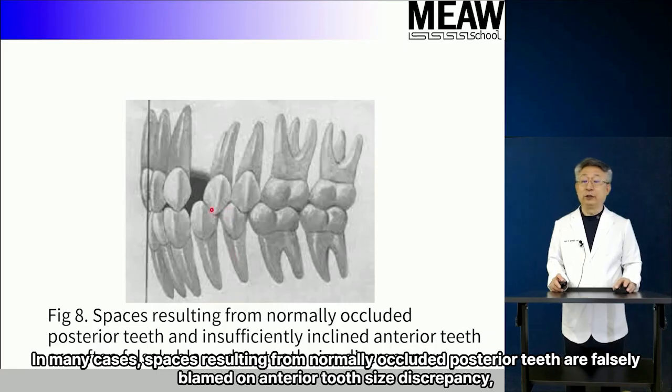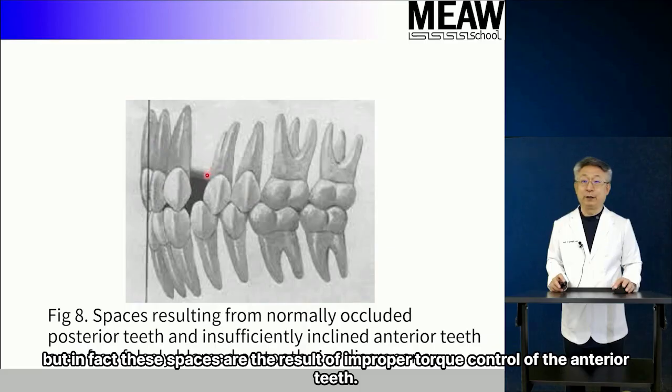In many cases, spaces resulting from normally occluded posterior teeth are falsely blamed on anterior tooth size discrepancy. But in fact, these spaces are the result of improper torque control of the anterior teeth.